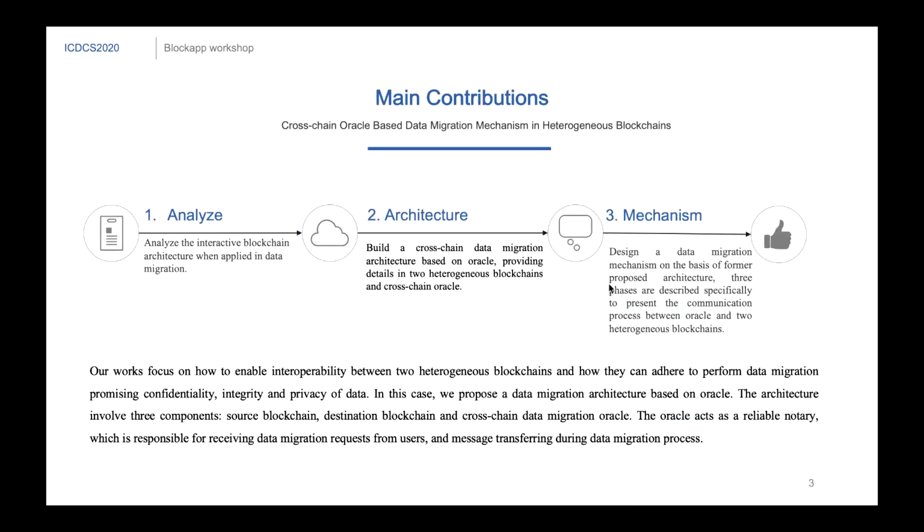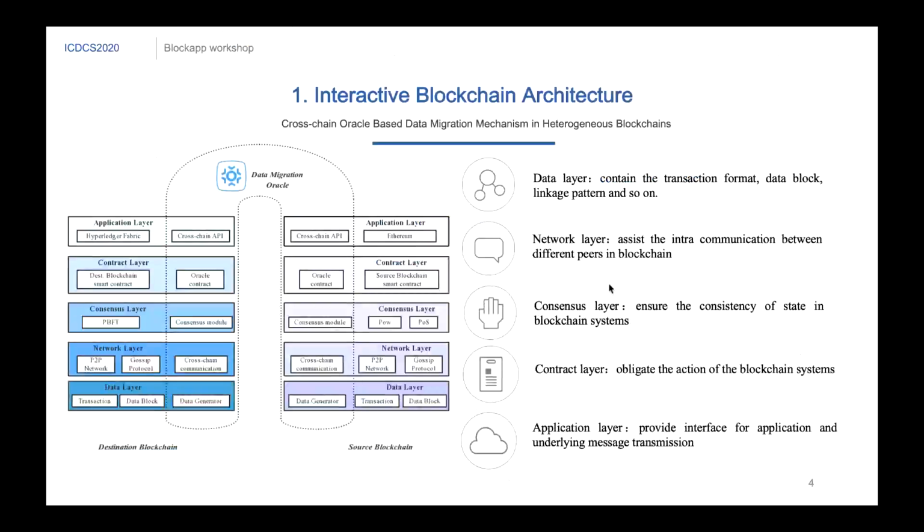The Oracle acts as a reliable notary, which is responsible for receiving data migration requests from users and the message transferring during the data migration process. And in the following, I will introduce my contributions one by one. The first one is the interactive blockchain architectures. Data migration between two blockchains involves five layers which assist data flow smoothly from one blockchain to another.